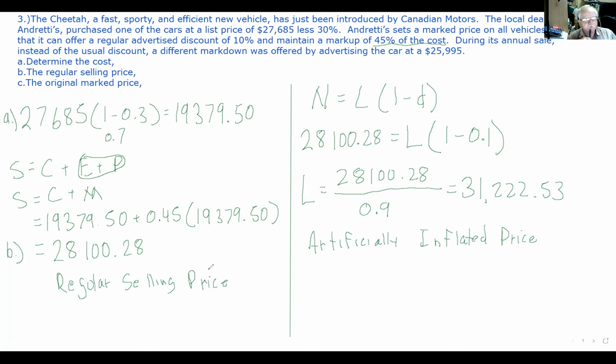So any thoughts or concerns about how that worked? They're going to get you to calculate those artificially inflated prices. Well, we haven't actually answered it. It says, during its annual sale, instead of the usual discount, a different markdown was offered.